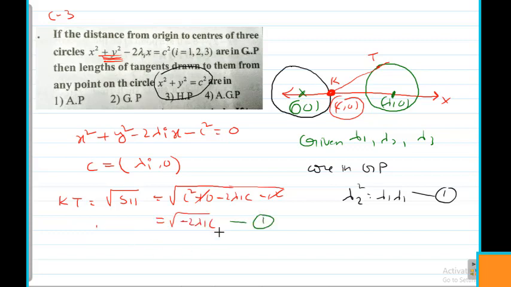Automatically for the second circle, what will we get? Root over minus 2 lambda 2 c. For the third circle, what will we get? Root over minus 2 lambda 3 c. So root over minus 2 lambda 1 c, root over minus 2 lambda 2 c, root over minus 2 lambda 3 c. These are the lengths of the tangent segments for the three circles drawn from any point on the circle x square plus y square equals c square.